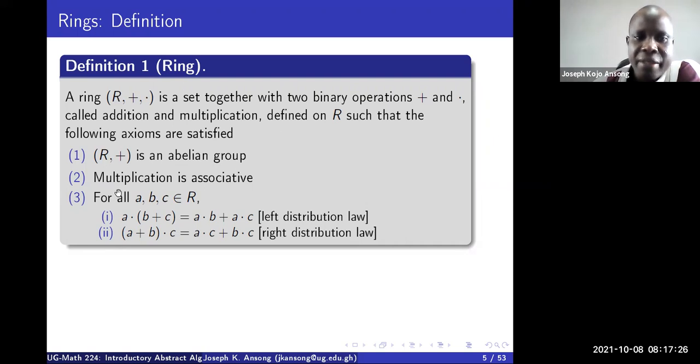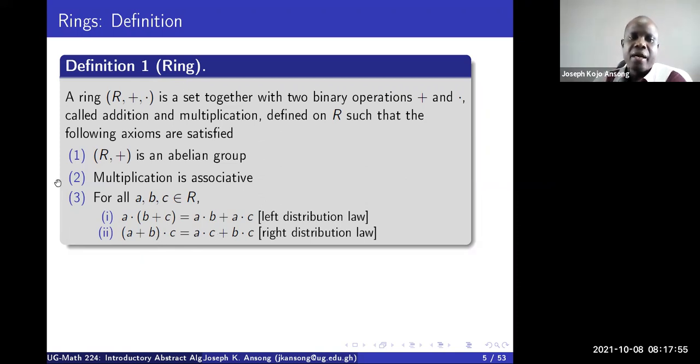And for every element in R, you have multiplicative associativity. And for all a, b, and c in R, you have the left distributive law holding: a multiplied by (b plus c) can be written as a times b plus a times c, we know this already. And you can do that for the right side as well: (a plus b) times c equals a times c plus b times c.